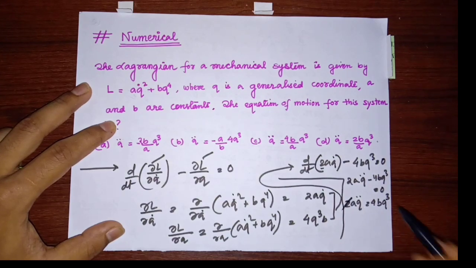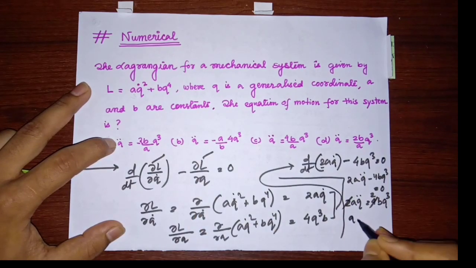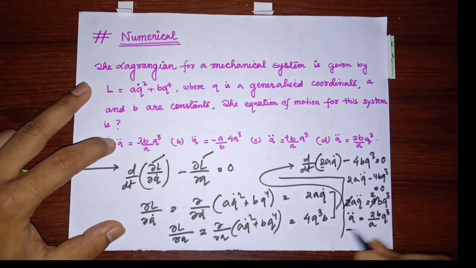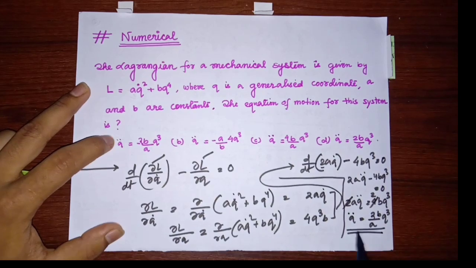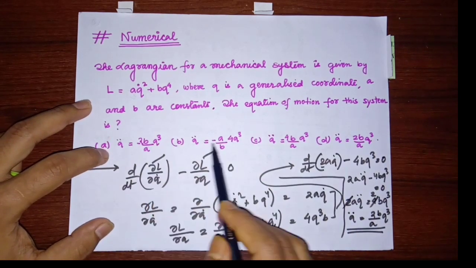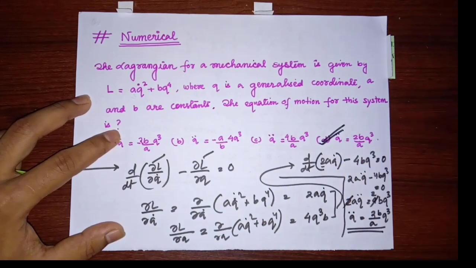Now you can cancel the 2. On the left hand side of the options there is q double dot, so you keep only q double dot here. It will be 2 by a, b is there, and it is q cube. So this is the answer: 2b by a q cube. This is minus 2b by a, here 2 is not there, so this is the correct option.